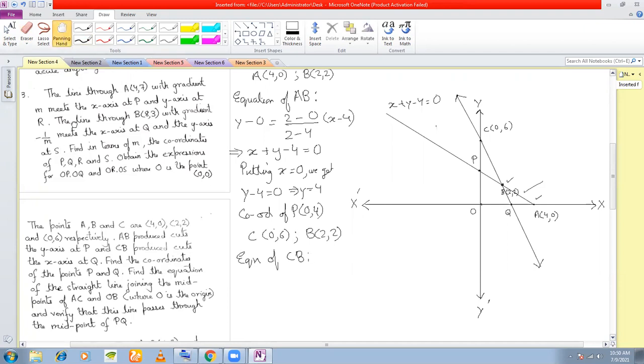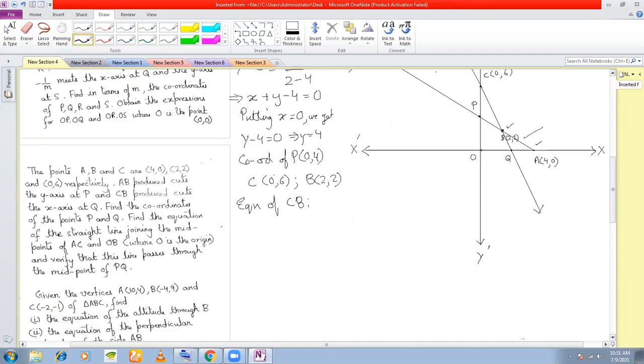y minus y1 is equal to (y2 minus y1) divided by (x2 minus x1) into (x minus x1). Okay, so you simplify this, you will get 2x plus y minus 6 is equal to 0. Okay, now you see that Q is a point on the x-axis. That means in order to find out the coordinates of Q, you have to put y is equal to 0.